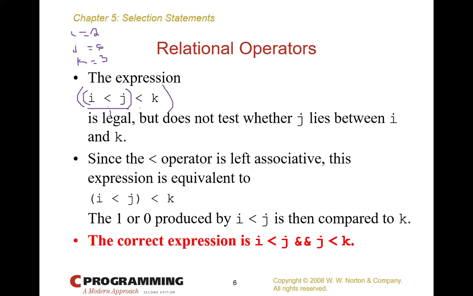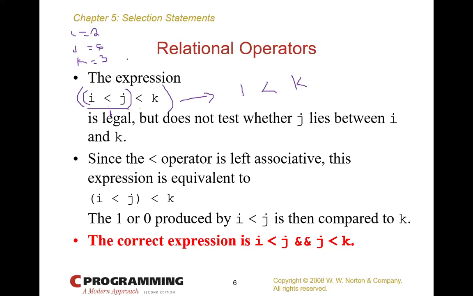The answer is 1. Fine. I is 2, j is 5. Is 2 less than 5? Yes. So the answer is 1. If you expect that the next operation would be j less than k, you are wrong. Because what we will compare with less than k is the result of this expression, which is 1. So this means is 1 less than k.